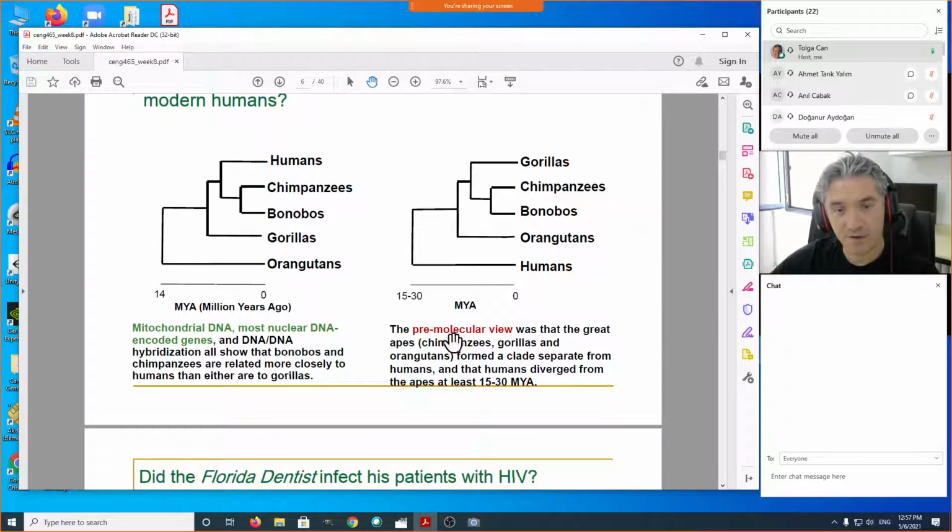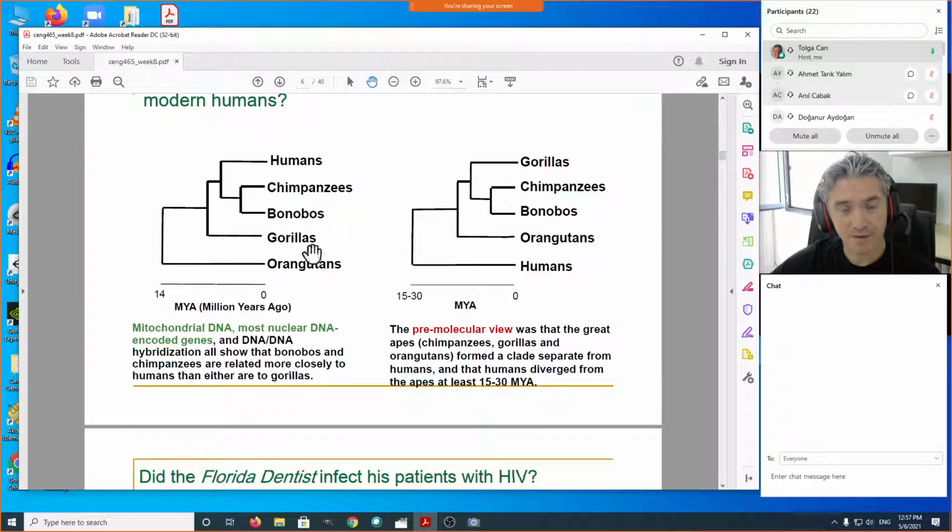If you look at it genetically, however, in the light of molecular information, in the light of genetics, we see that if you look at the genetic similarities to build this tree, again it's a weighted tree, as you can see, but the distance is now smaller. What was 15 to 30 million years ago now became 14 million years ago.